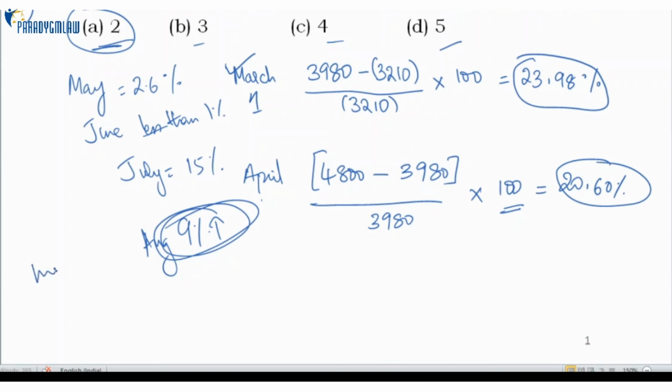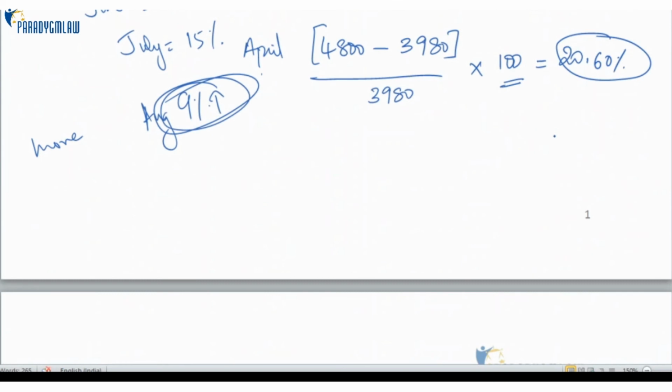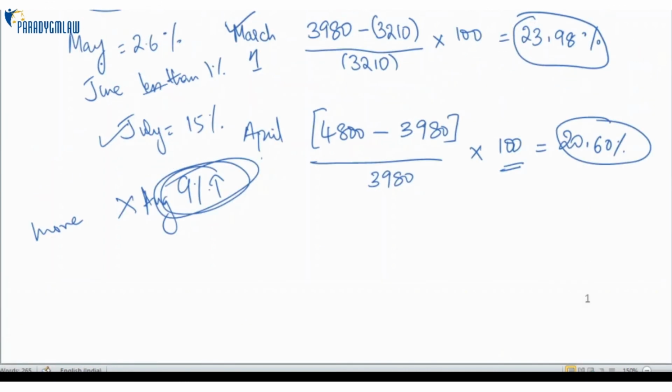We're looking for anything that is more than 10%. Remember, our question clearly says that these months should have experienced more than 10% increase in the wheat price. So August will not be a good answer. July is fine. June and May don't qualify. March qualifies, April qualifies.